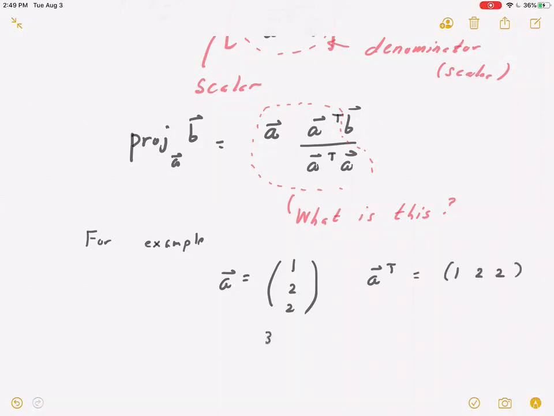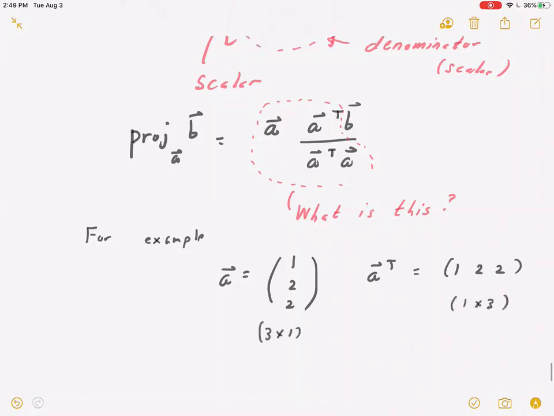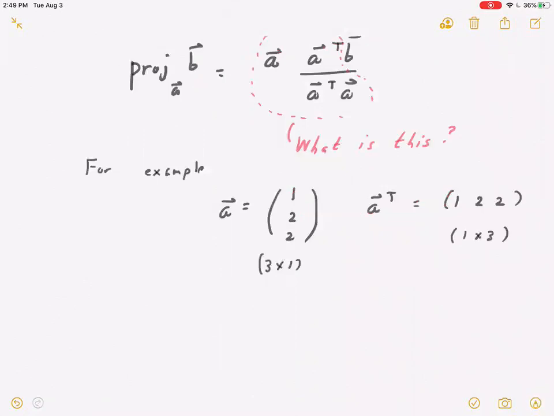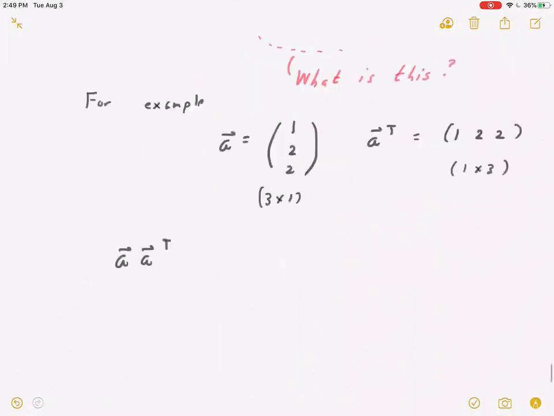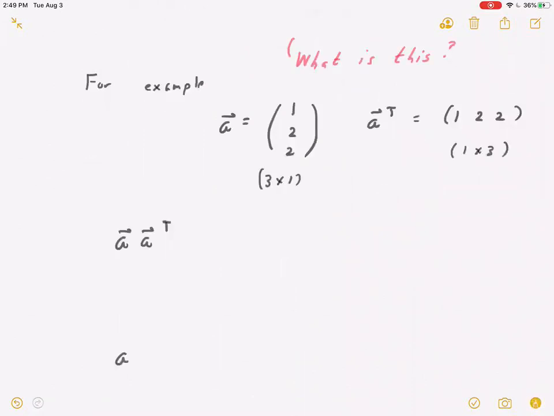So A in my example is 3×1, 3 rows, 1 column. The transpose has 1 row, 3 columns. So I want to ask myself, what are these guys? Does it make a difference how you multiply these two matrices? The answer is yes.